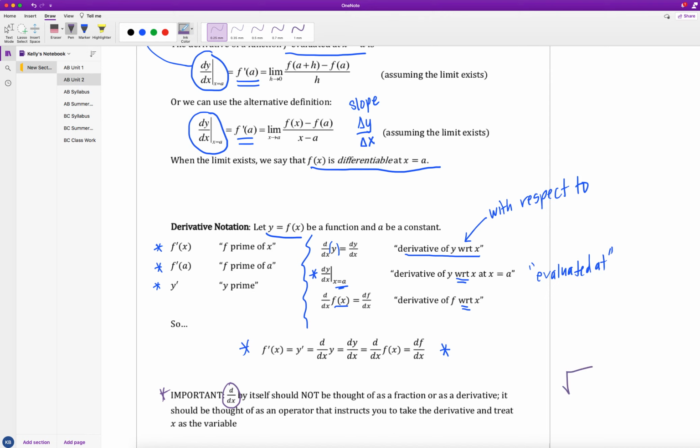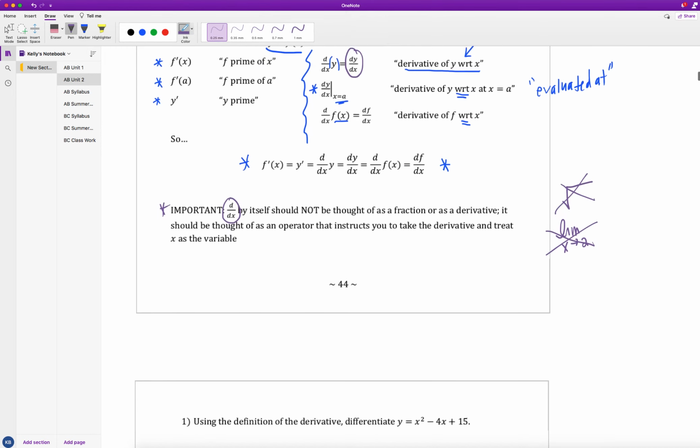Just like we've talked about before, having a square root without an input doesn't make any sense, or having a limit as let's say x approaches 2, but without having an input, all of these notations don't make any sense because I don't know what I'm trying to take it of. And so this operator notation of d over dx only makes sense if I have a function that I'm taking the derivative of, which is why we have that derivative of y with respect to x properly written.